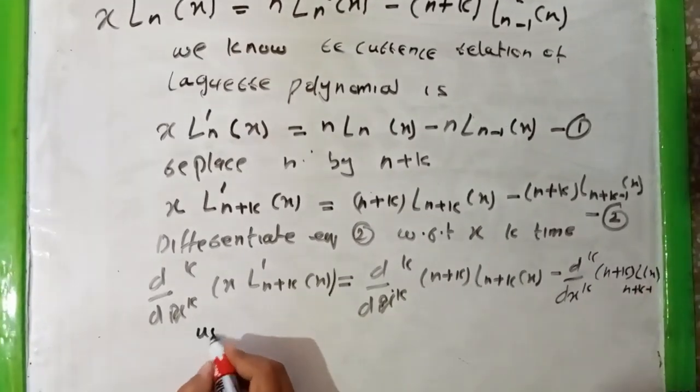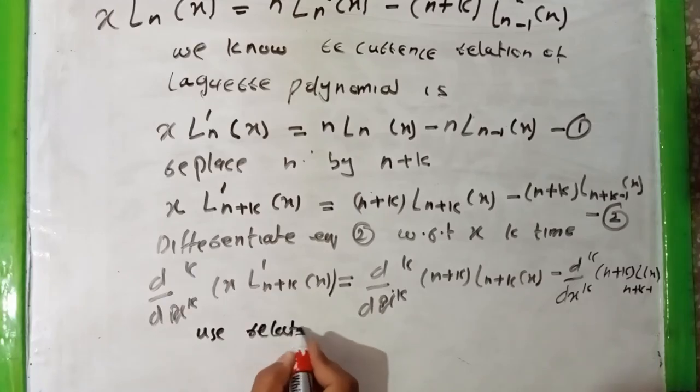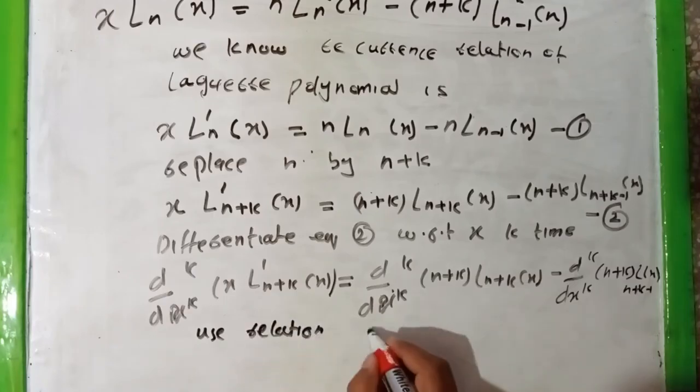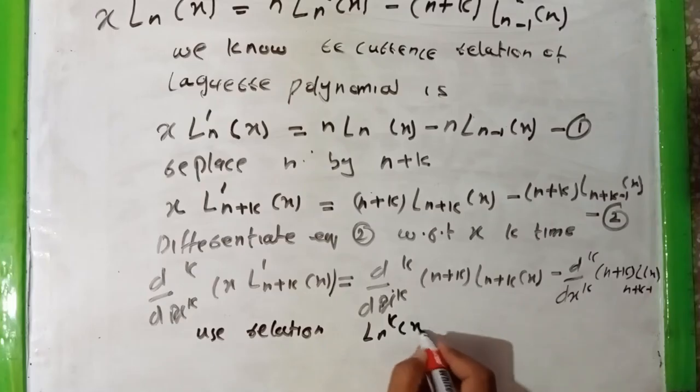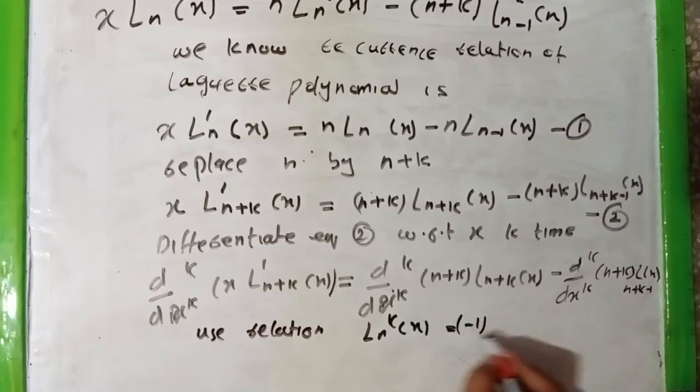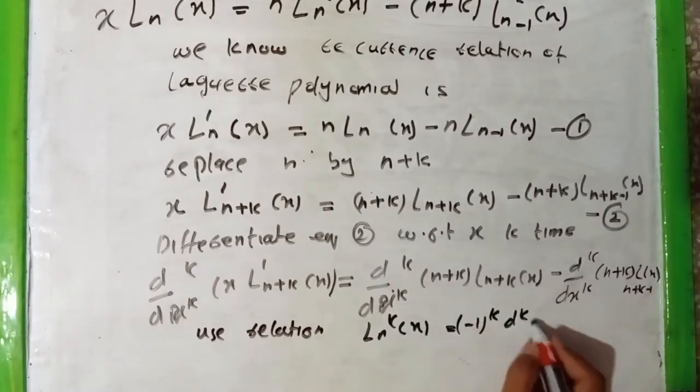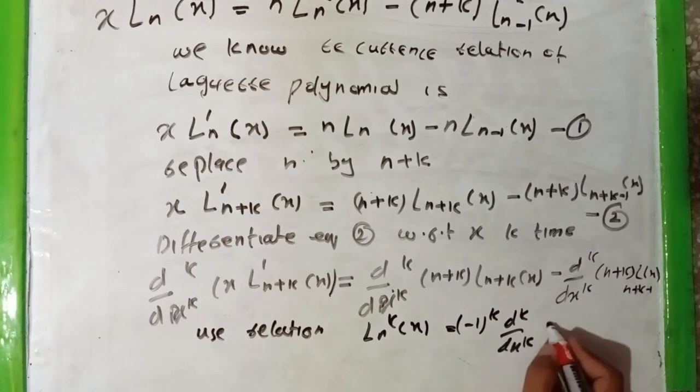Now use the relation L_n^k(x) is equal to (-1)^k times the kth derivative of L_{n+k}(x) with respect to x.